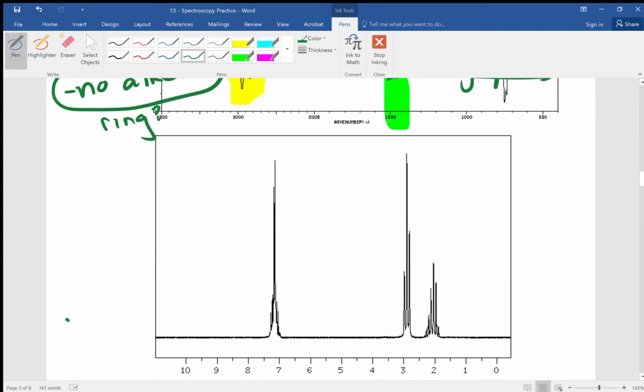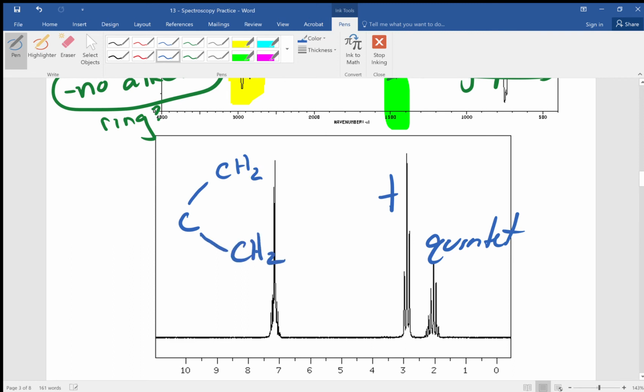So here's our proton NMR. And what I see here is, in addition to a sort of cluster of aromatic peaks, so it's not a nice aromatic region, we have a triplet and a quintet. Well, a quintet is 5 peaks, and that means we know that it's next to 4 other hydrogens.